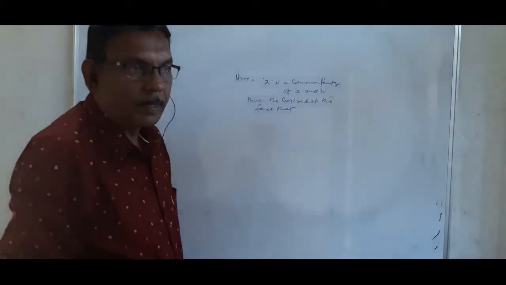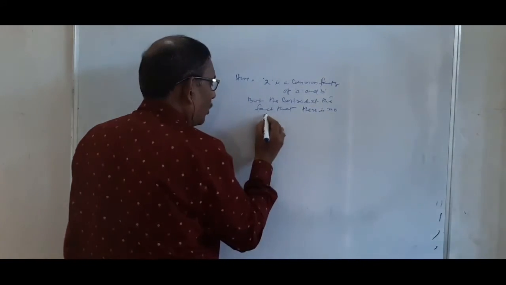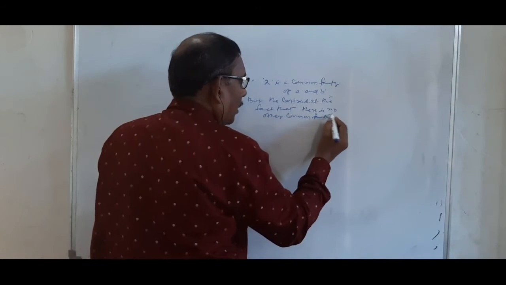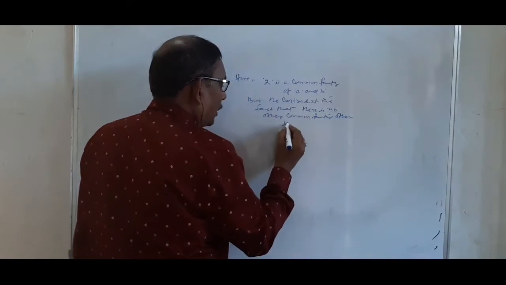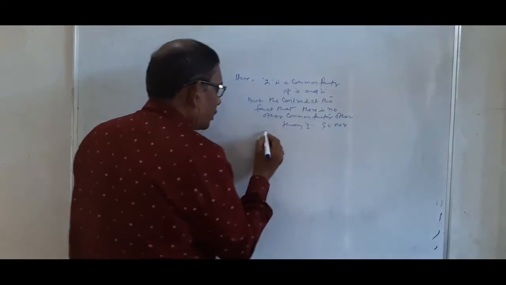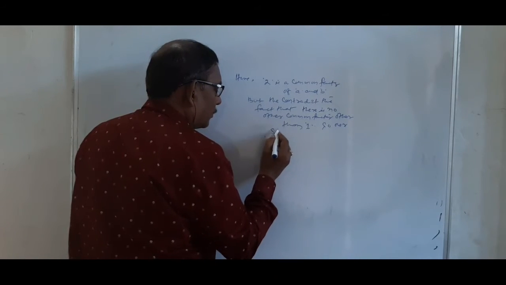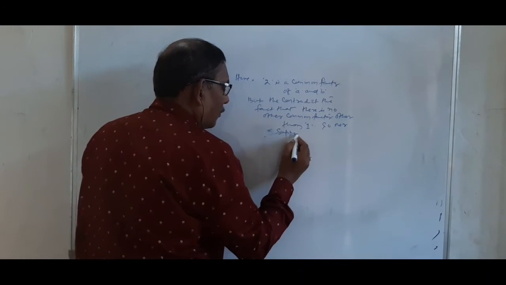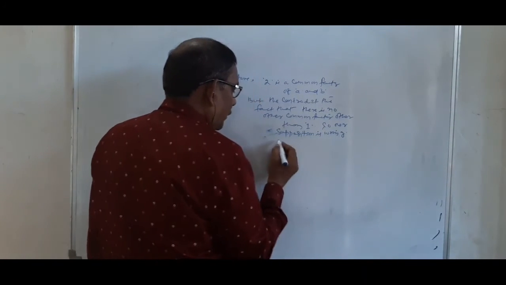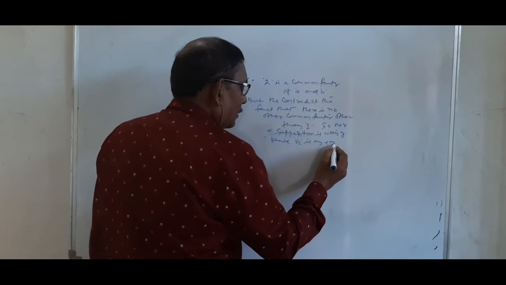There is no other common factor other than 1. So our supposition is wrong. Hence, root 2 is an irrational number.